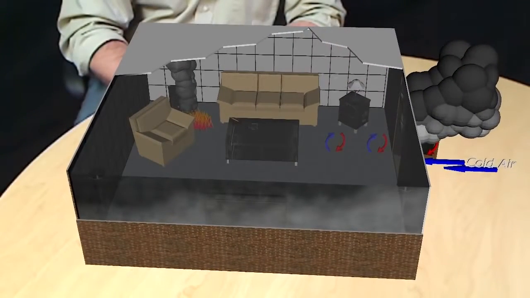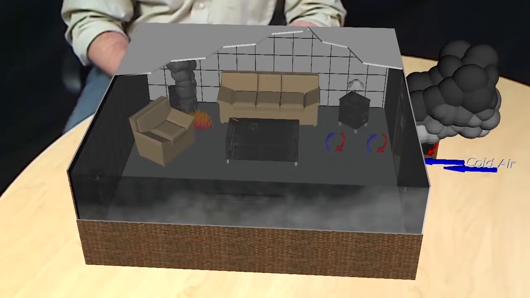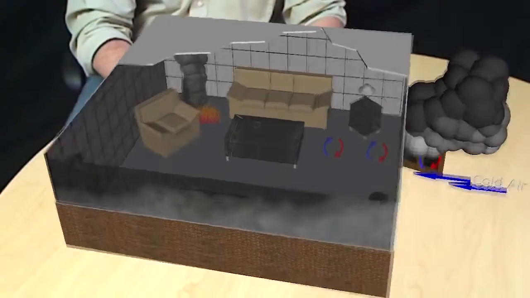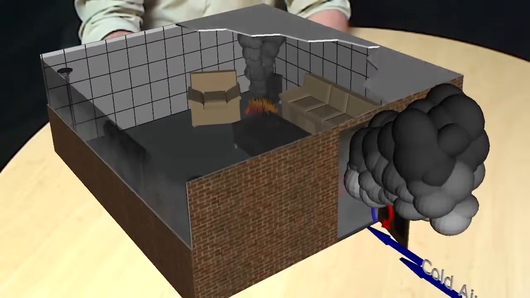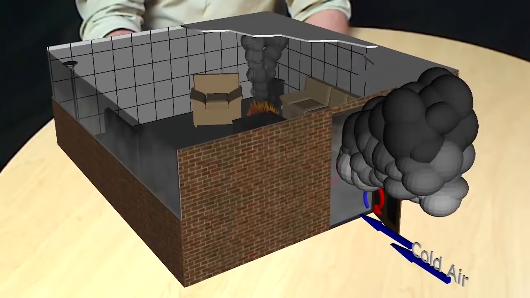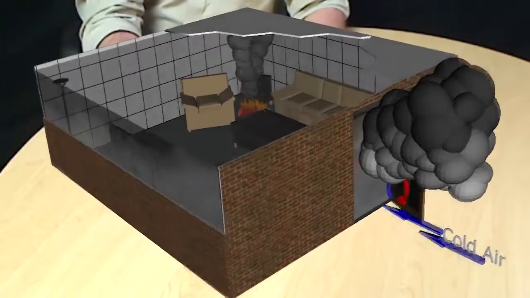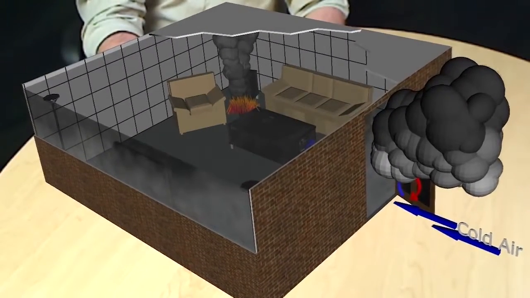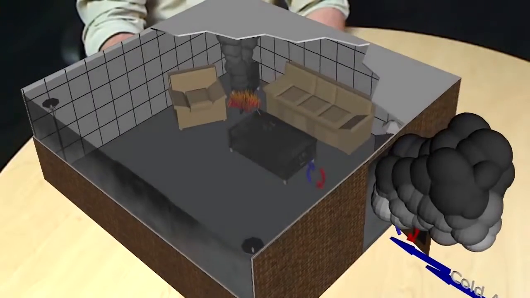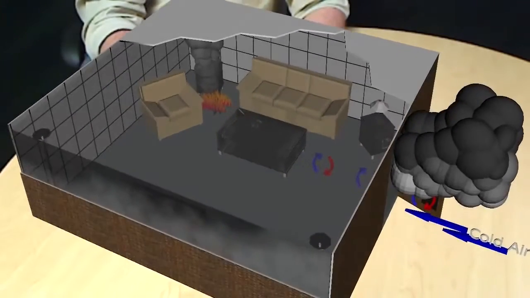So since we have a doorway here, let's take a look at this. As that door opens, we see heated gases and smoke starting to exit the compartment. And that exiting allows cool or colder air, which is called a gravity current, to come into the bottom portion of the opening.